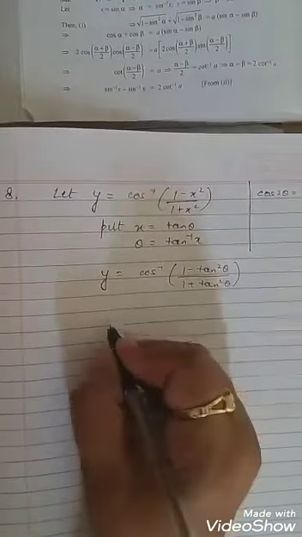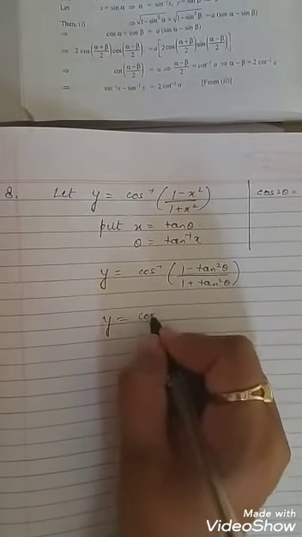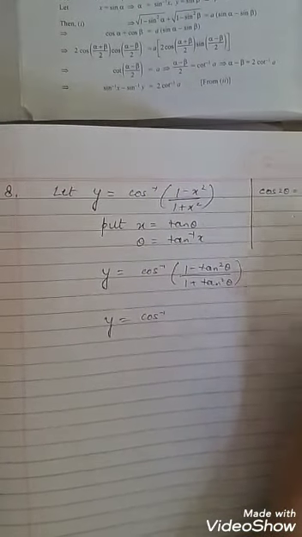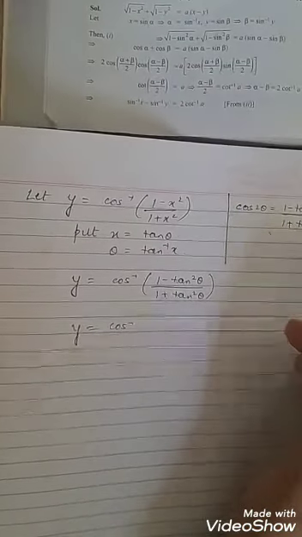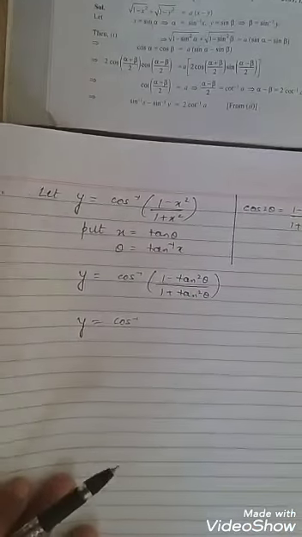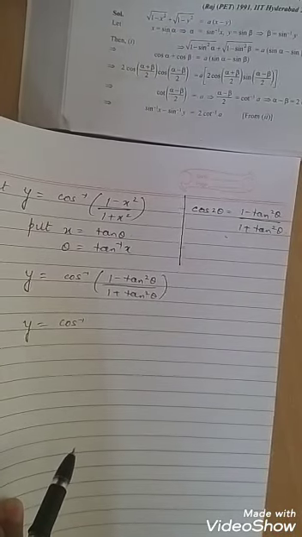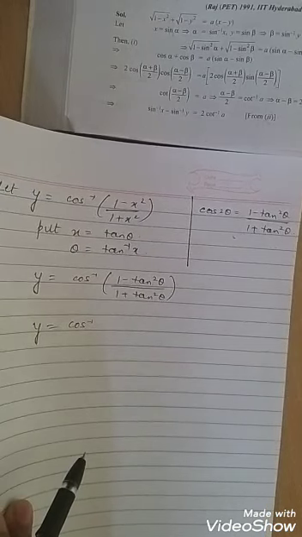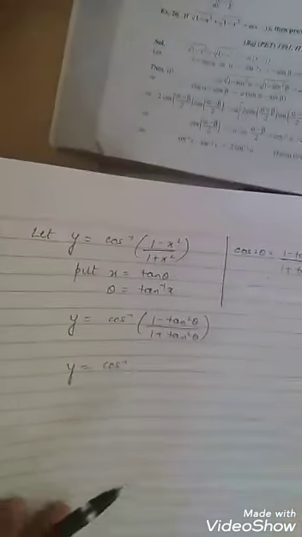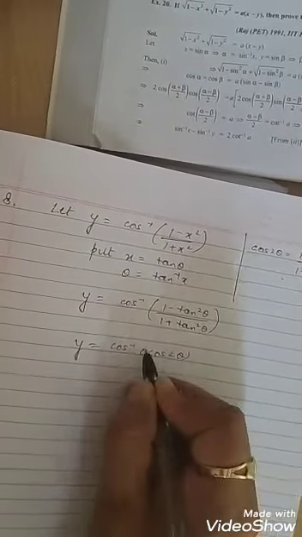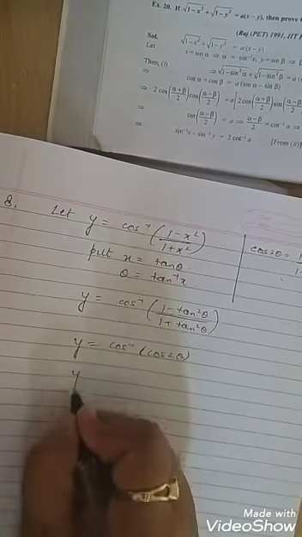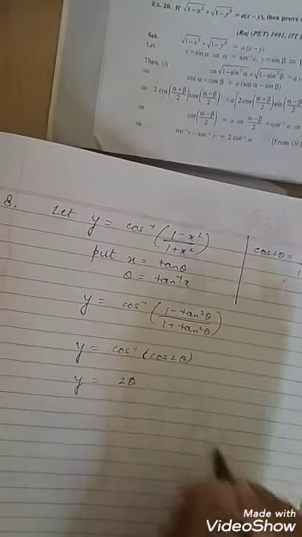This is the direct formula, as I told you, for cos 2 theta equals 1 minus tan square theta upon 1 plus tan square theta. So this will become cos 2 theta, so it will be 2 theta.